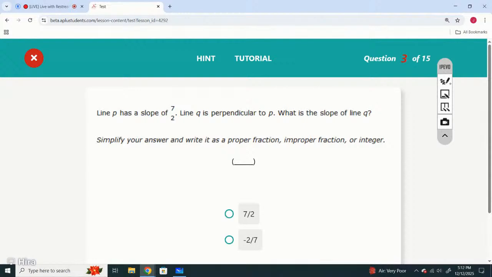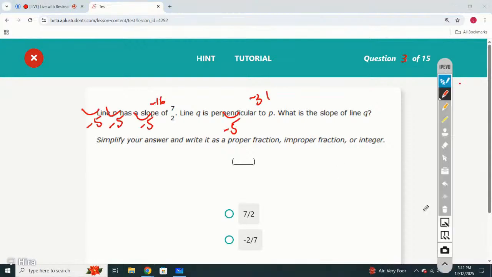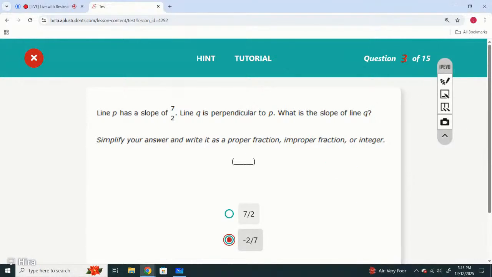The reciprocal of 7 by 2 is 2 by 7, and then the negative reciprocal is negative 2 by 7. Option number 2 is the correct option, that is negative 2 by 7.